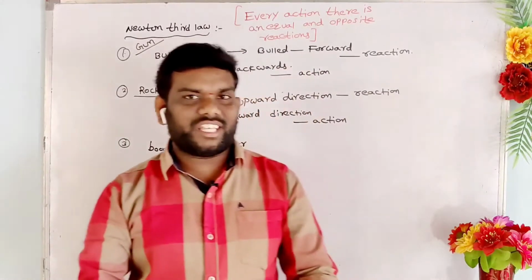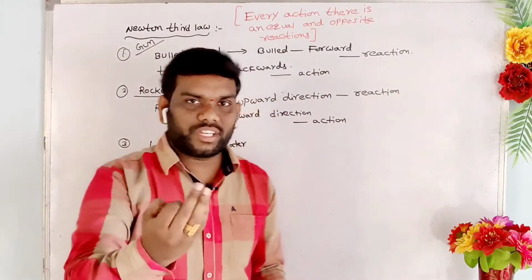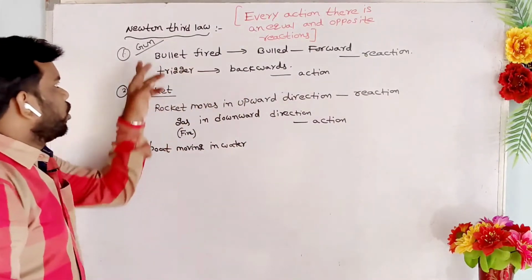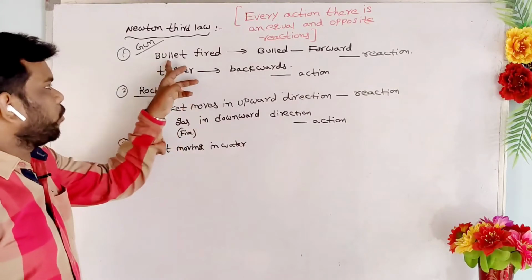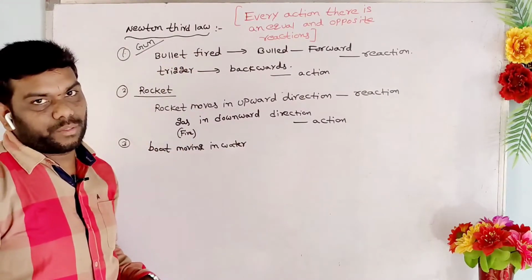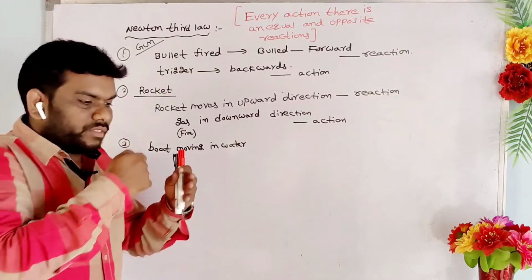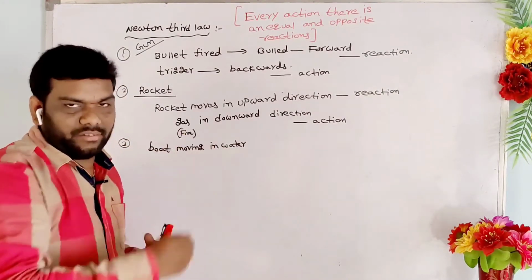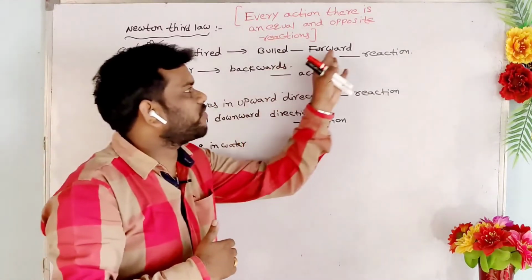What are the examples in daily life? It is a very easy concept. One is a gun firing a bullet. From the gun, the bullet is moving in the forward direction.